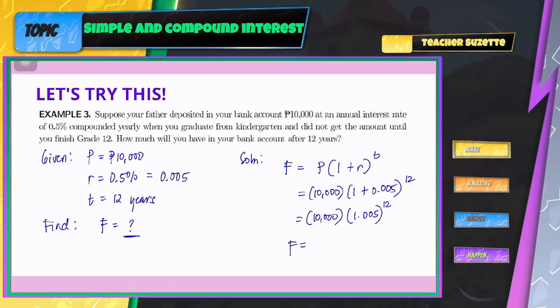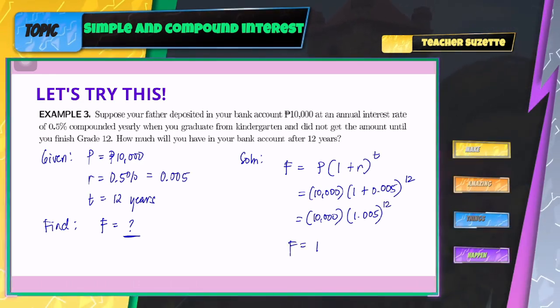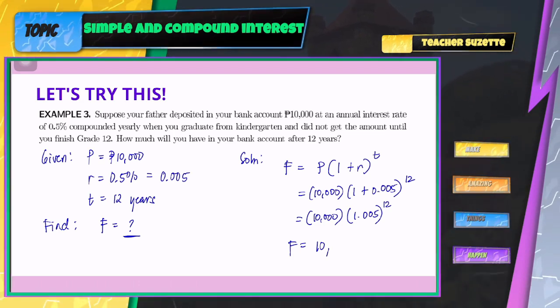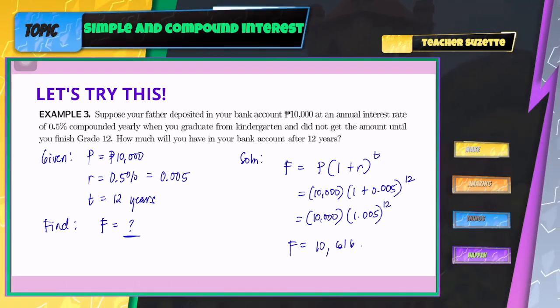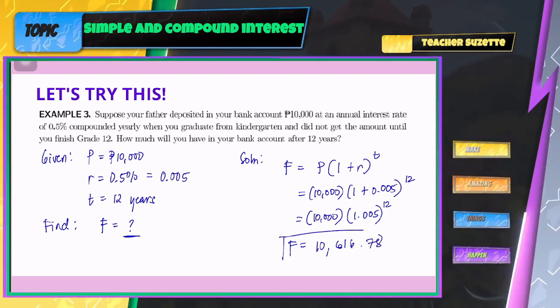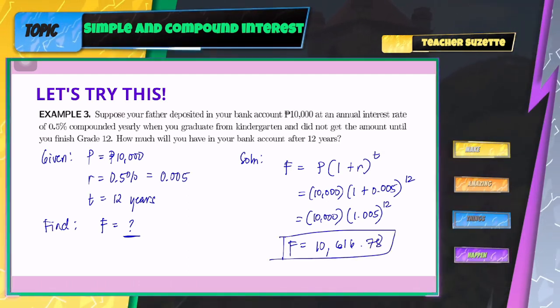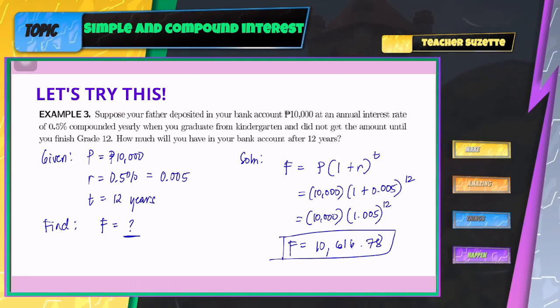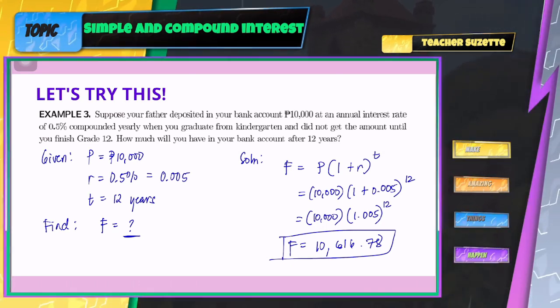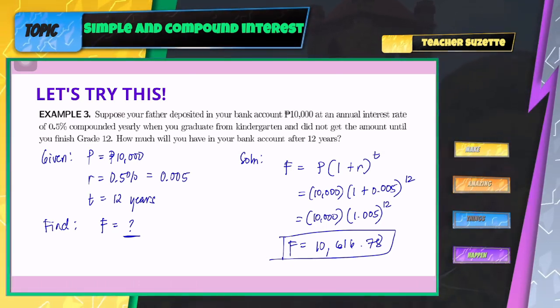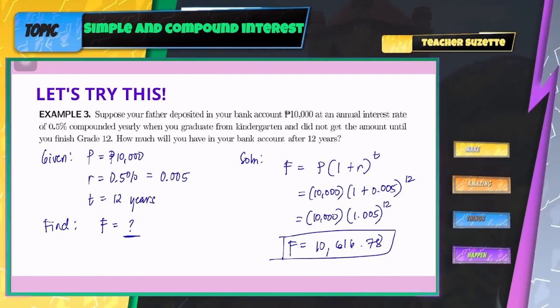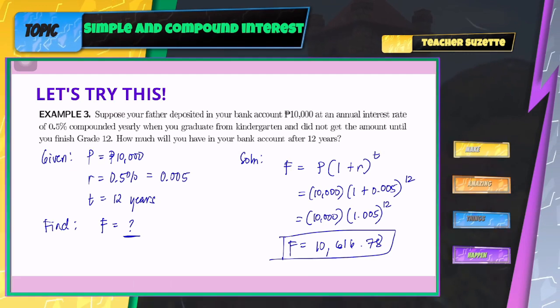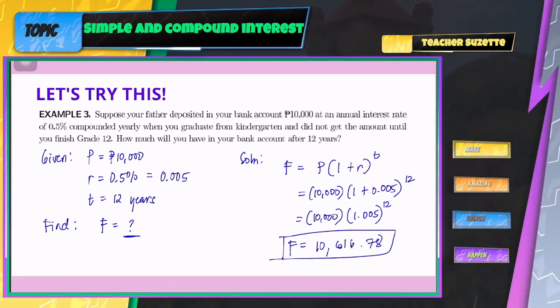Then using your calculator, you will have an answer which is 10,616.78. Therefore, we could conclude that the amount will become 10,616.78 after 12 years when it is compounded annually at 0.5%.